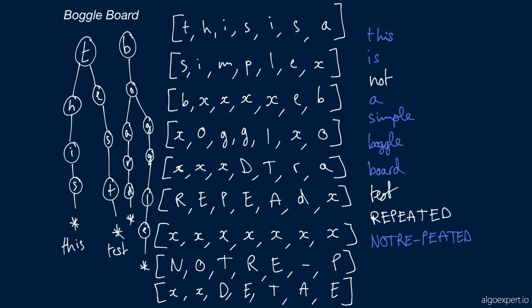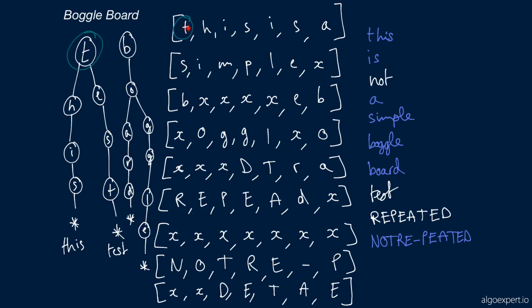So, let me redo that. So we're going to dive into this T now. We're going to forget about all the other levels in the root level of our tree. We're going to dive into the T node. Now we're going to look at all of the neighbors, and I'll dive into how that portion of the algorithm works in a second.